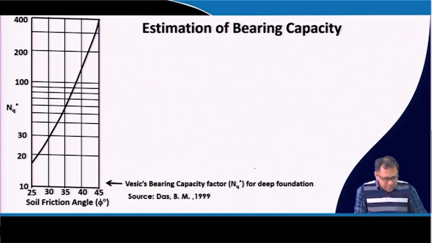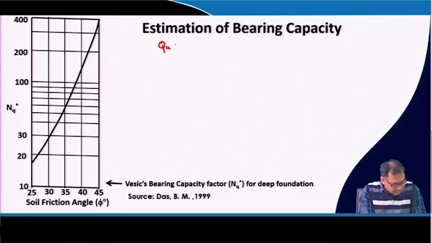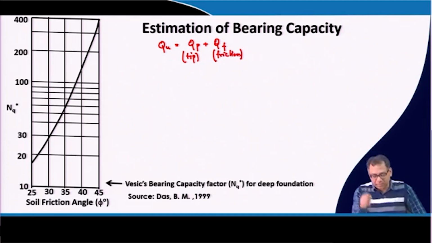For estimation of bearing capacity, which is also the same as for the pile foundation, the ultimate bearing capacity or load carrying capacity of the well is Qp, that means tip, plus Qf, the friction contribution. So, this is the tip contribution, this is the friction contribution. So, the summation of these two under compressive load.